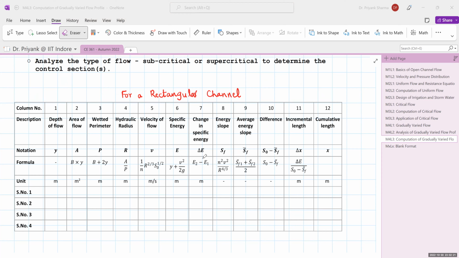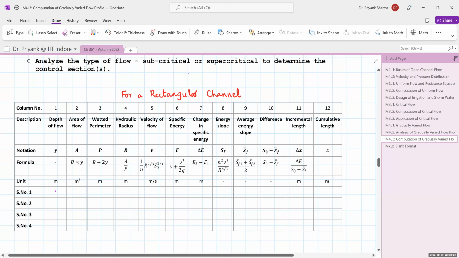So let us say you have some values. I'll just give you some dummy values. So let us say this is 1, this becomes 2, and this becomes 4, this becomes 0.5.